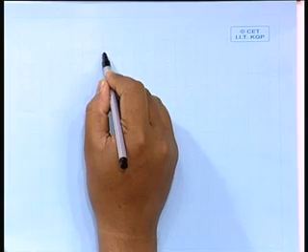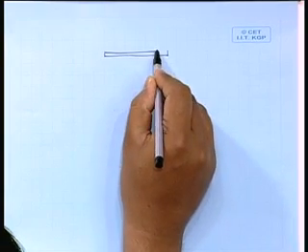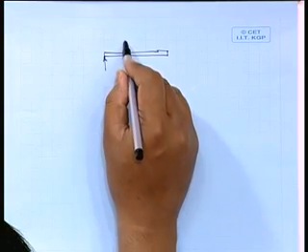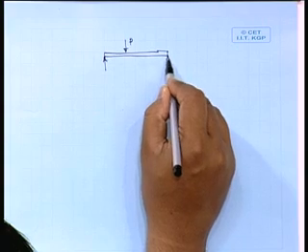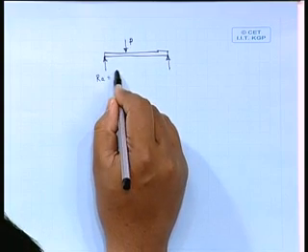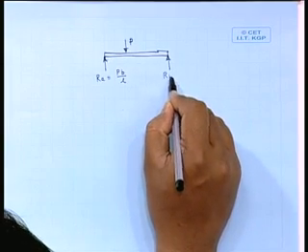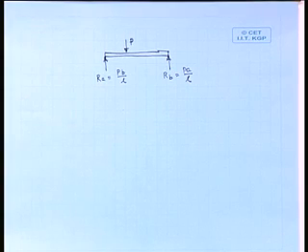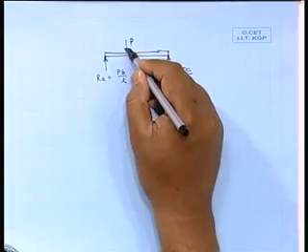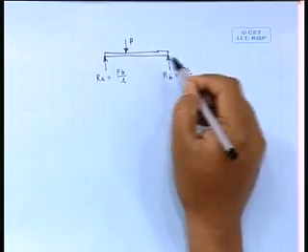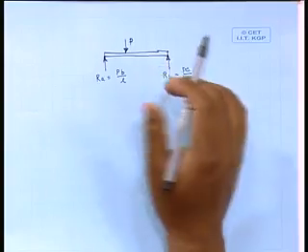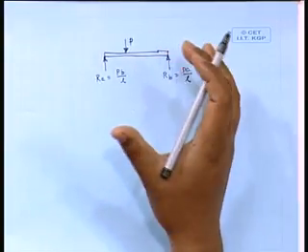Now, if I take this problem, so here we are getting R A as P B by L and R B as P A by L. Now, under the action of this force system, try to visualize the deformation of the member.